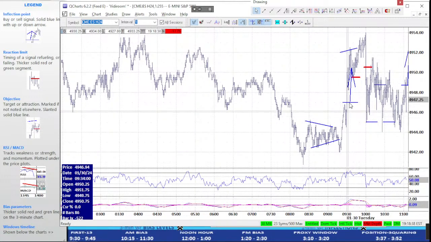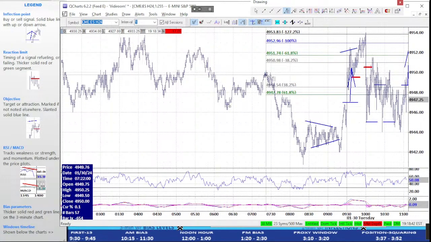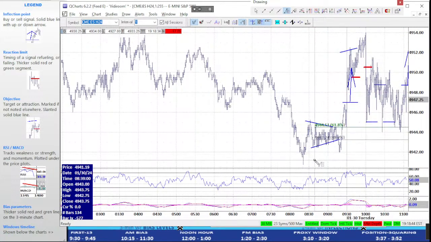If this is starting to turn up, and based on the Fibonacci's that I ran, if this is starting to turn up into the open, I want it. I want in. And if I'm just scalping, some subscribers, they just scalp. If that's all you want to do, that's what these are for.